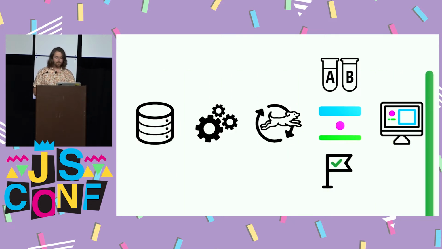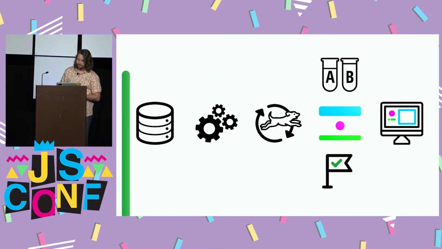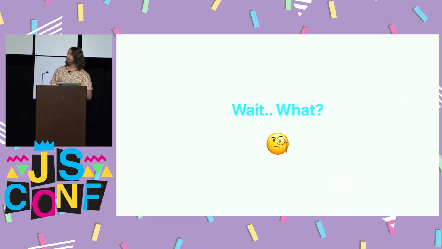Okay, so let's move on to the next. This one's interesting. What is an application whose database lives in the client? Well, it's an offline first application, or it's a local first application.